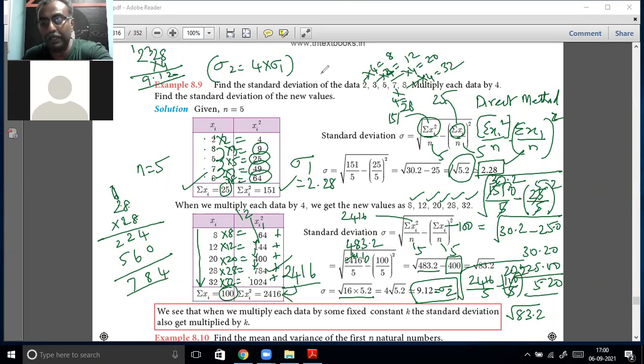So if you add a number to the existing numbers, standard deviation will not change. But if you multiply the numbers, standard deviation will also be multiplied. Remember that.